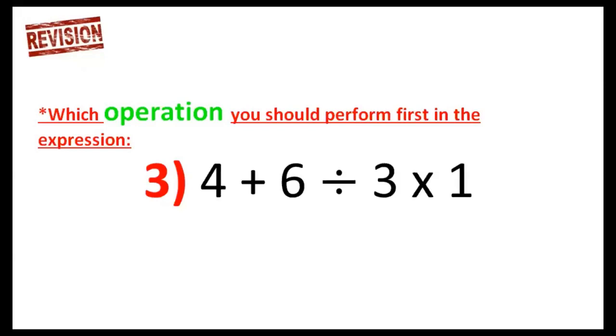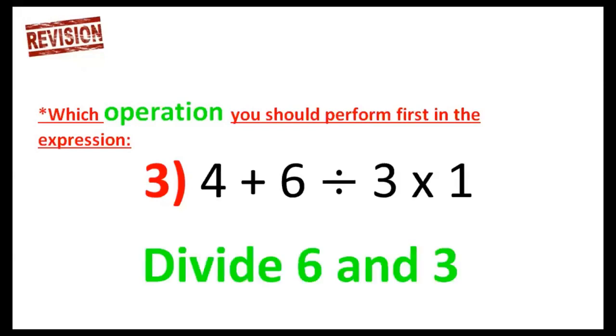So I'm going to start with dividing 6 by 3. Mr. Walid, the priority here must be for multiplication before division. But here we start from left to right. So the first operation here will be 6 divided by 3.